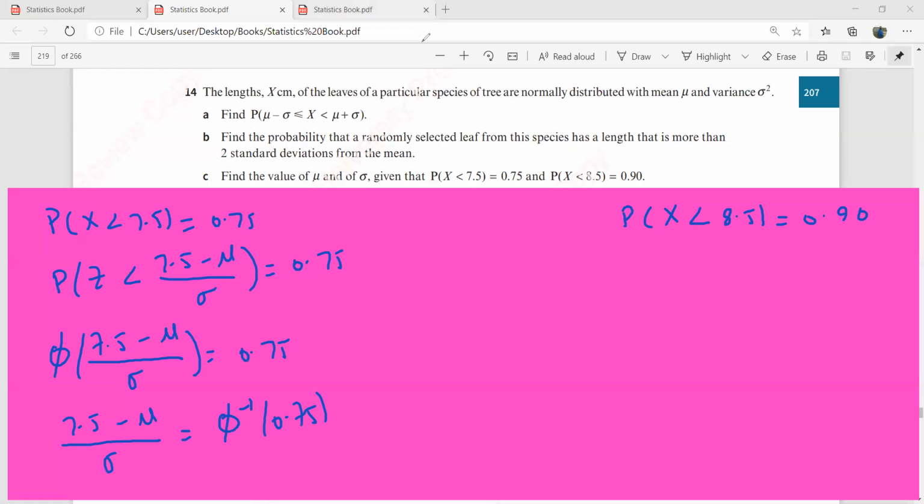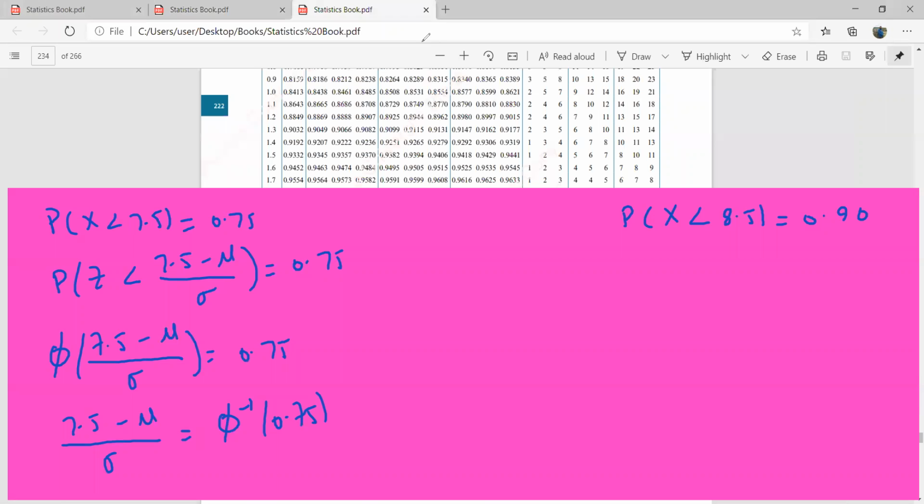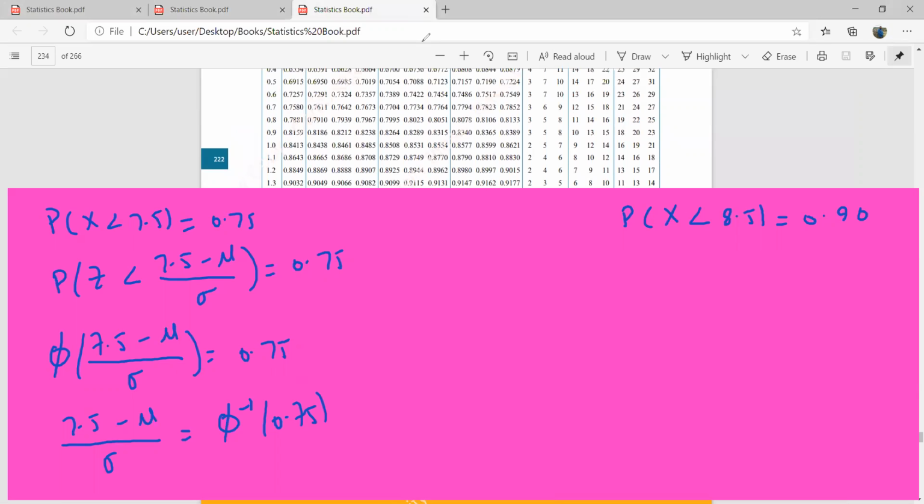Let's see what phi inverse of 0.75 is. Where is 0.75 in the table? It is here, 0.7486, and we add this 13 into it. This is nearly 0.75. This is 0.684.